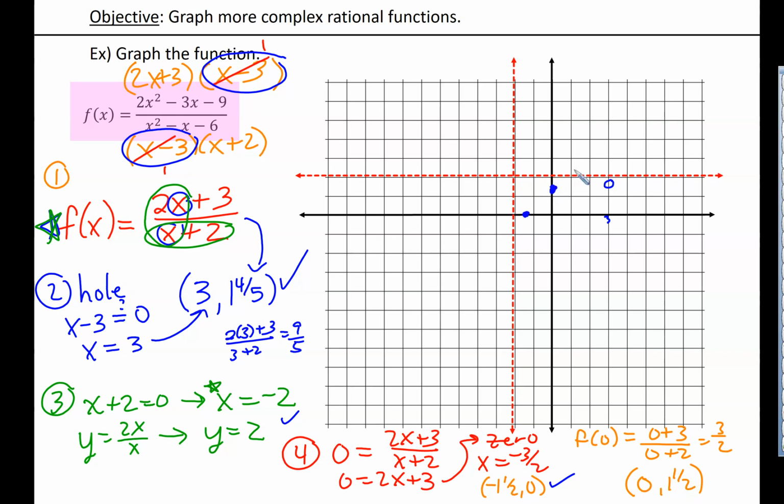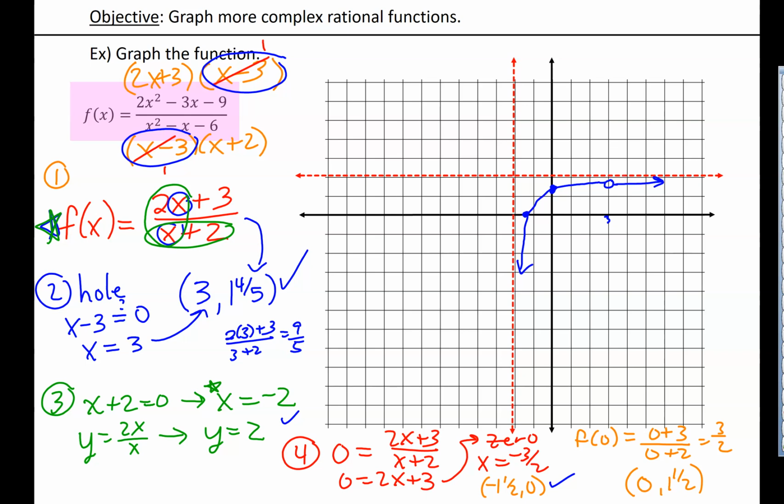Now what I should realize is that all three of these points, the two points and the hole, are all in the same section of the graph down here in this bottom right corner. They all belong to the same piece. So my curve for this right side piece goes through all of those and then heads towards the asymptotes, towards the ends. So what does that mean?